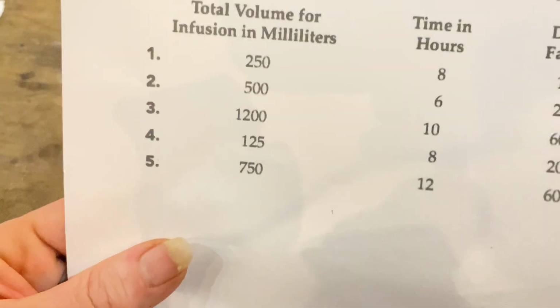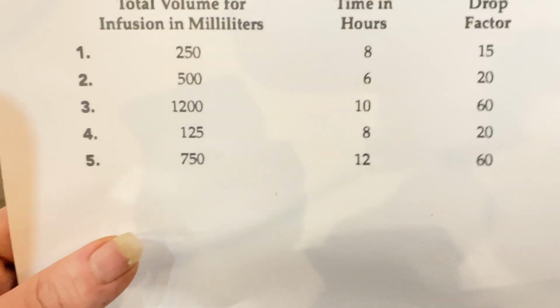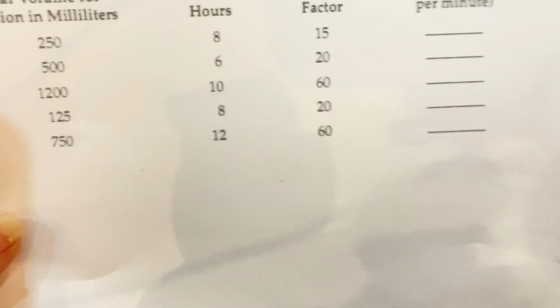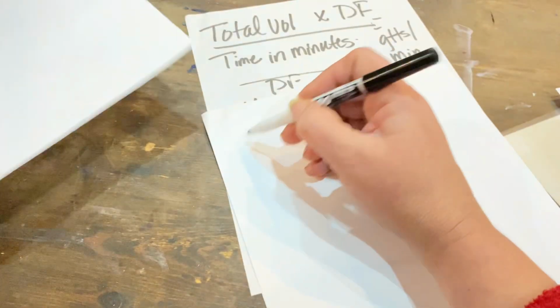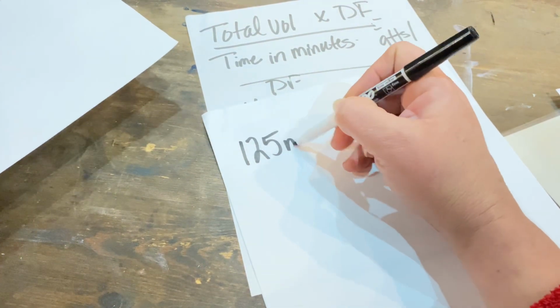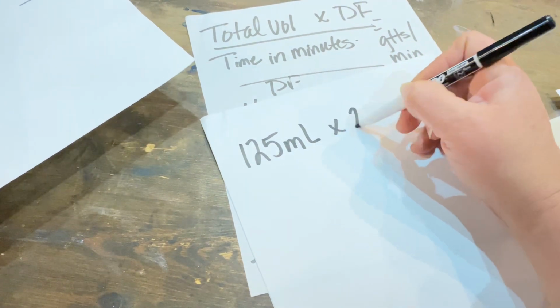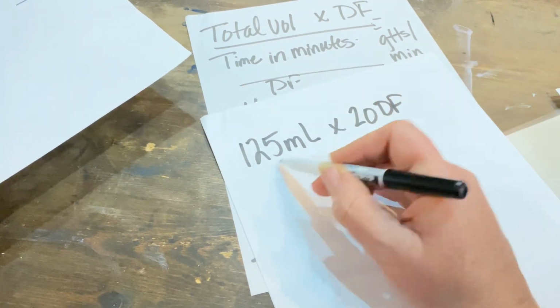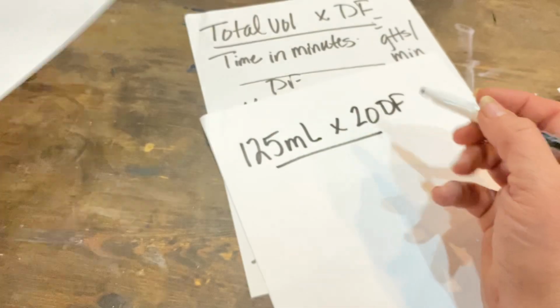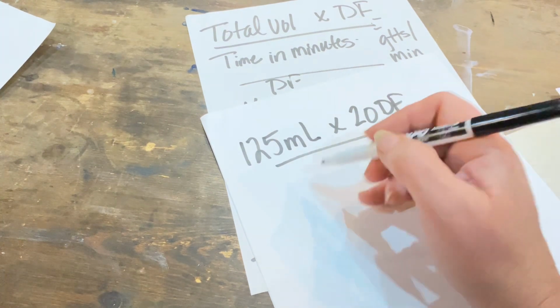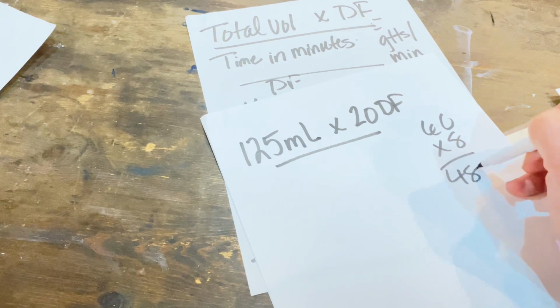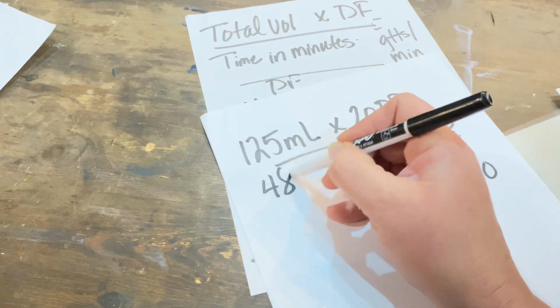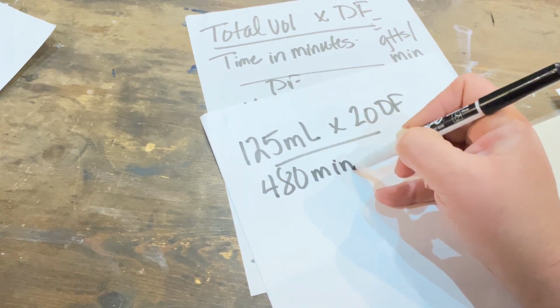All right. Number 4, 125 milliliters over 8 hours with a 20 drop factor. So 125 milliliters with a 20 drop factor over 8 hours. 60 times 8 is going to be 480, so this is 480 minutes.